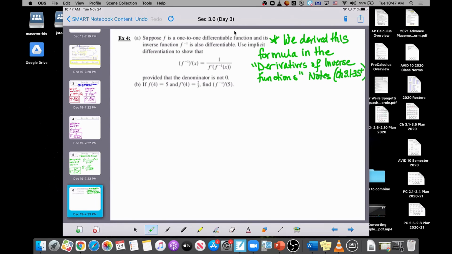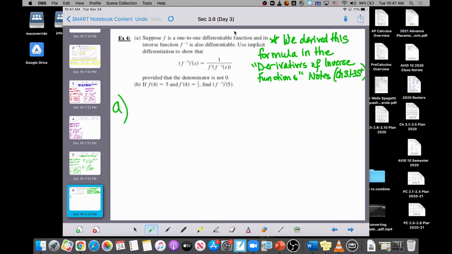And that was the plus part of that chapter because for whatever reason, they don't include a section on derivatives of inverse functions in your textbook. However, it is on the AP test. Okay, so for part A, let's rederive that formula because extra practice is good practice.